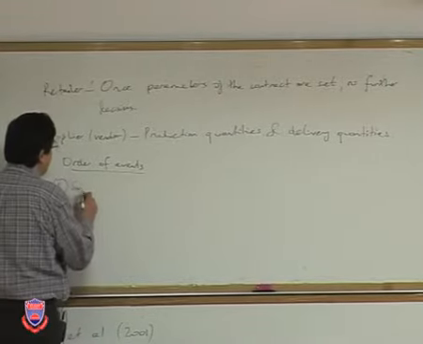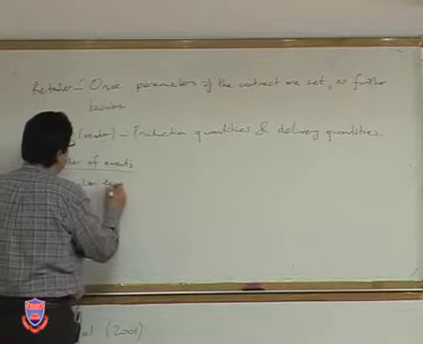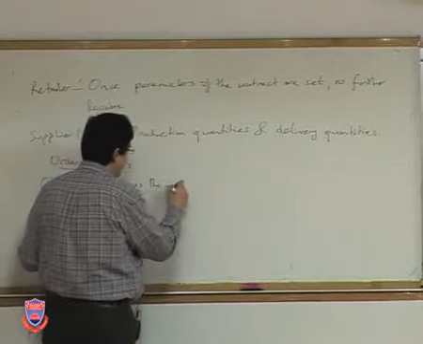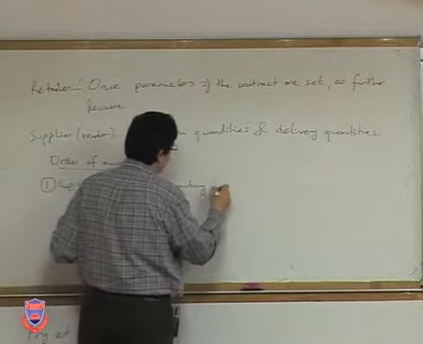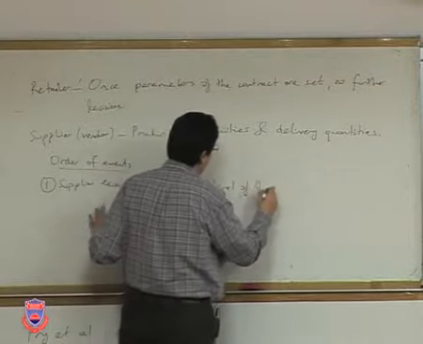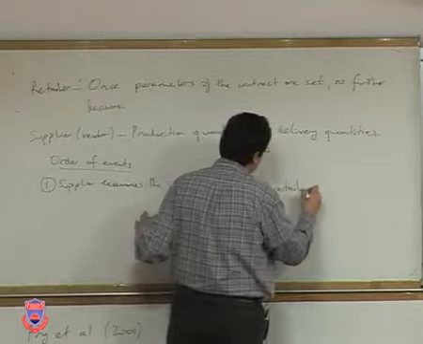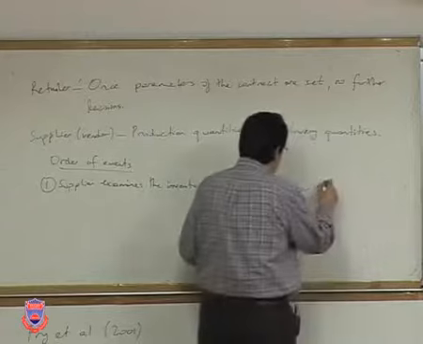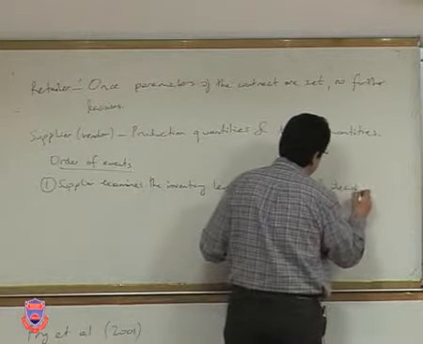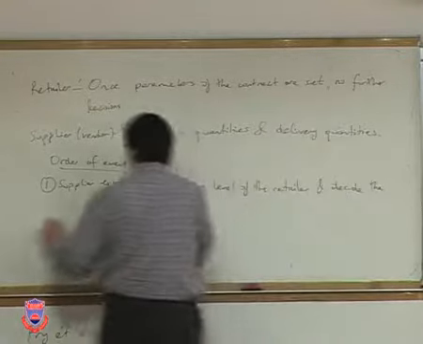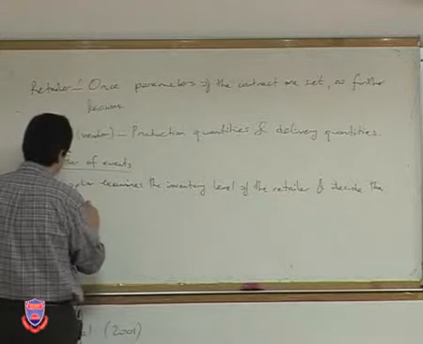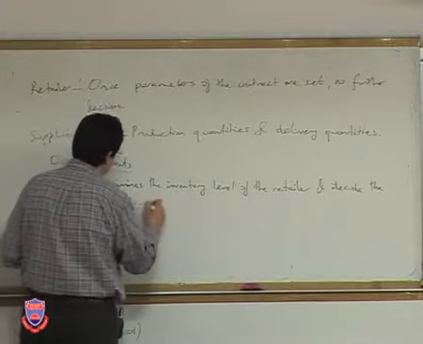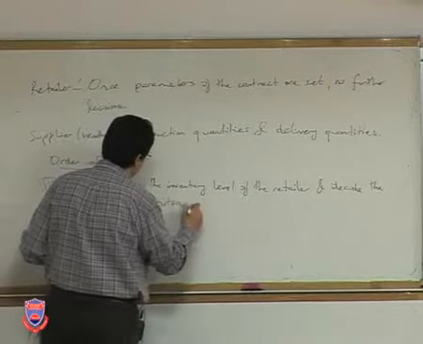In one, the supplier examines the inventory level of the retailer and decides the shipment quantity plus the outsourced quantity.